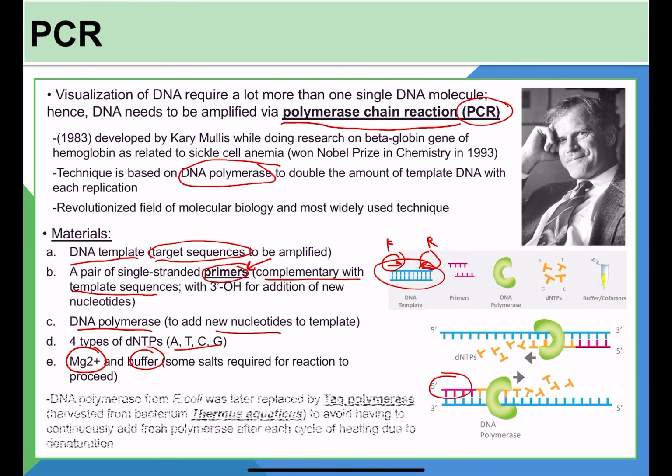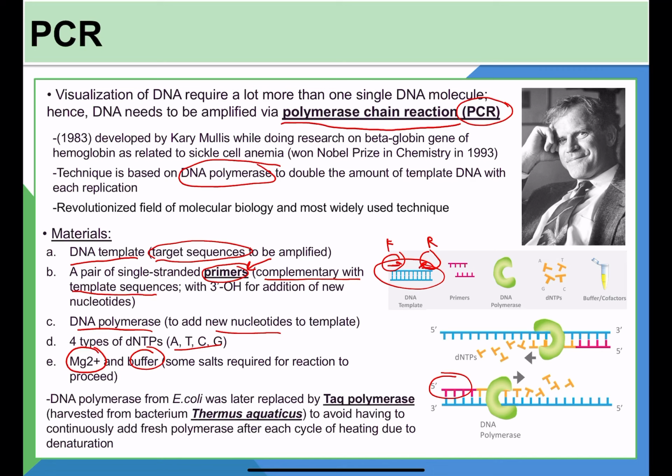Okay? So the process of PCR actually was refined later on by replacing the DNA polymerase from E. coli. Okay, originally we started with E. coli polymerase because that's where we discovered DNA replication from, and that's the main bacteria that they were working with back then.